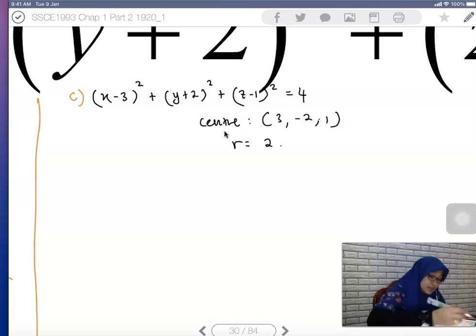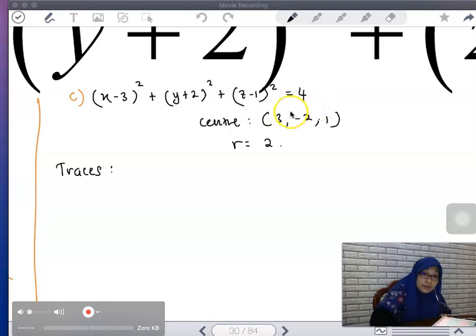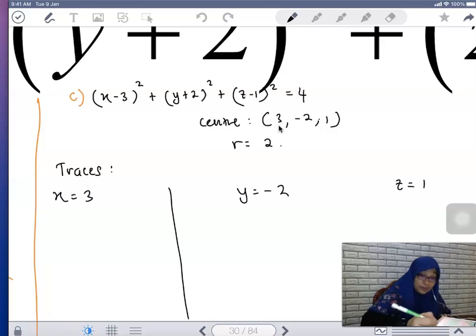In this case, to provide the traces, referring to the center, you want to see the curve on x equal to 3, the curve at y equal to -2, and the curve on z equal to 1.